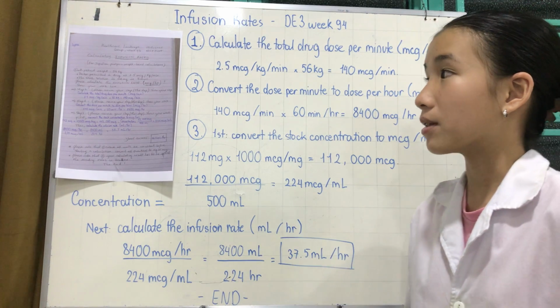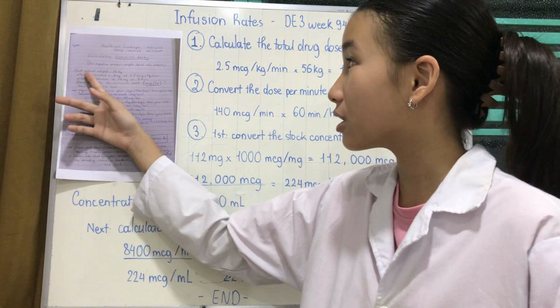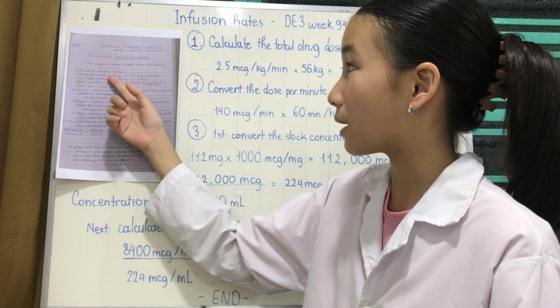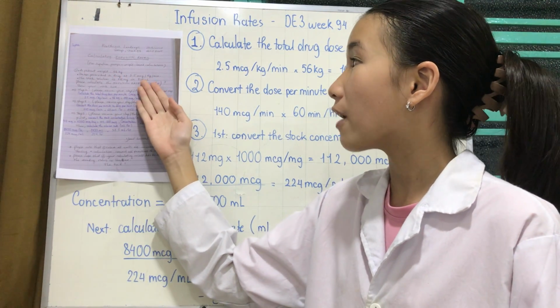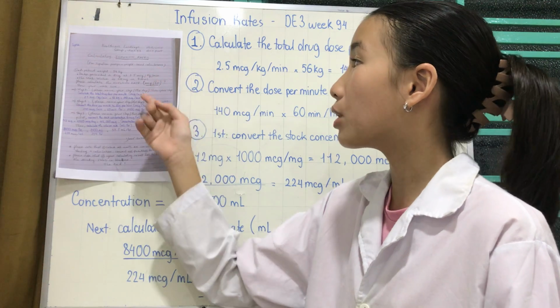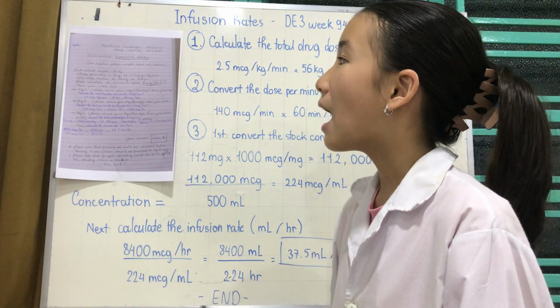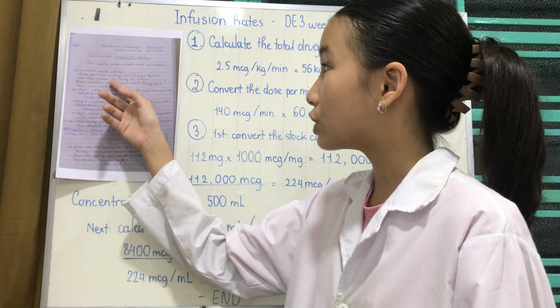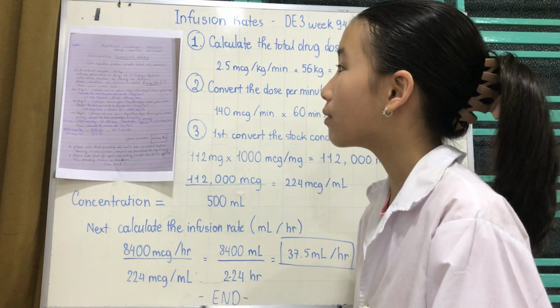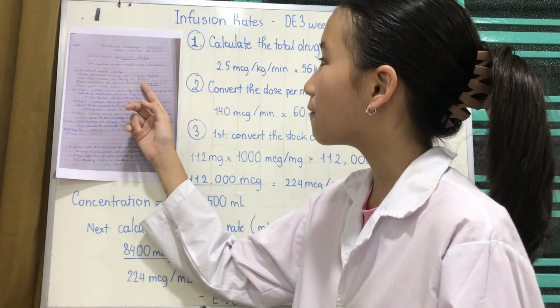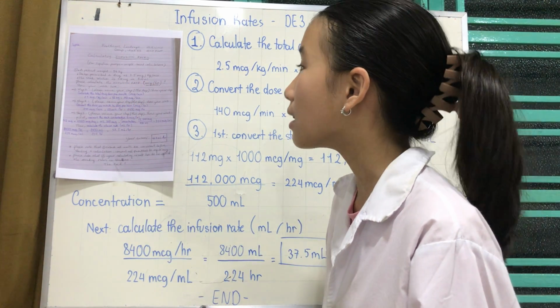So this problem says that the patient weight is 56 kilograms. The doctor prescribed a drug at 2.5 micrograms per kilogram per minute. So this is a weight-based calculation, and the stock solution is 112 milligrams, I think, in 500 milliliters.